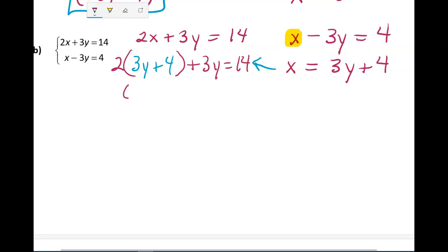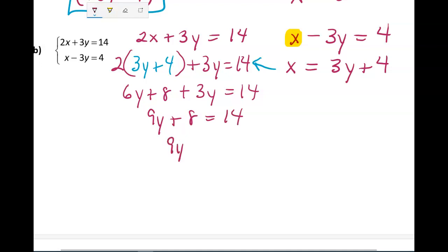Now let's go ahead and do some distributive property here. Combine some like terms together on the left side of the equation. Subtract off that 8, and then get y equal 6/9, which reduces to 2/3.